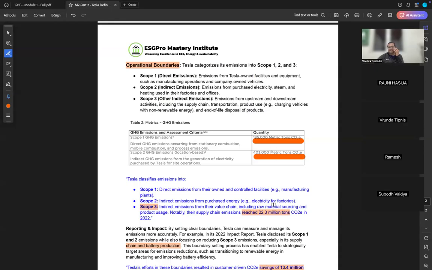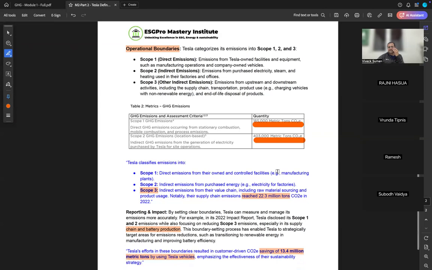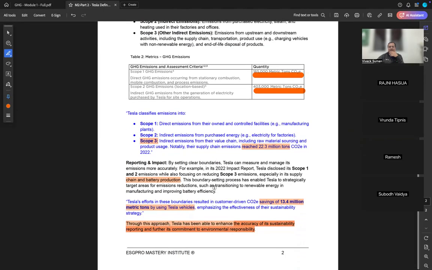But if you talk about 22.3 million tons, the saving is 13.4 million tons by using their EVs. Correct. That's the important point. The net is hardly 9 million tons, which they have to take as their target to reduce the CO2 equivalent.